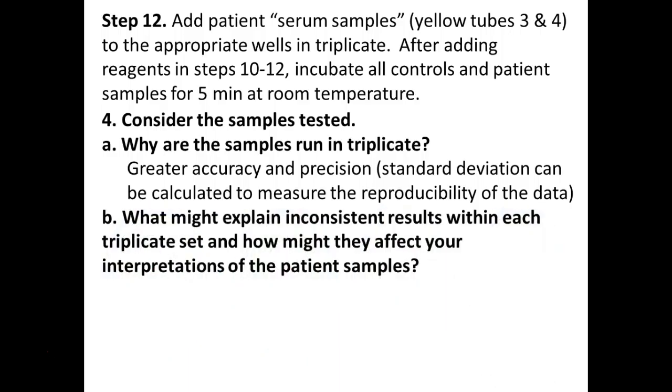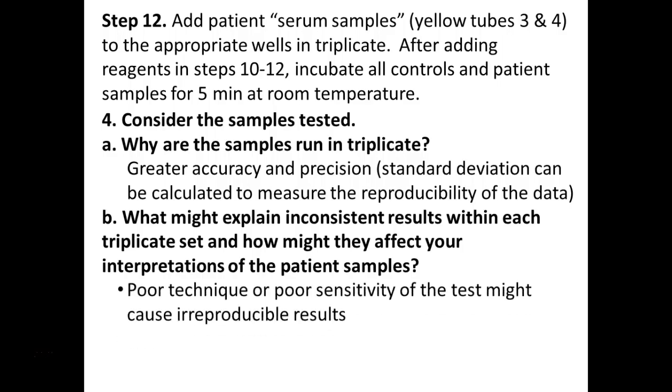And so, again, if you have inconsistencies, what might be the reason for that? Well, this is your first time ever doing it. You're going to probably do it perfectly? Yeah, why not, right? No. There's a little bit of technique involved, right? Or it could be a poor sensitivity issue, which is why you might get a little brighter color in one than the other.